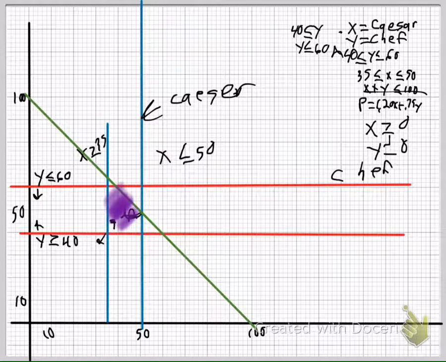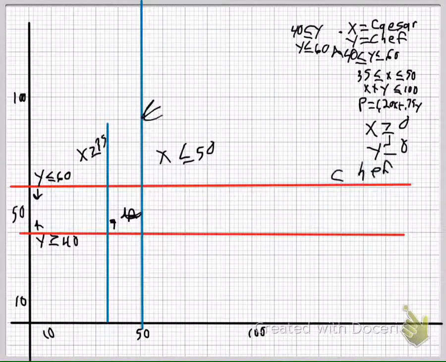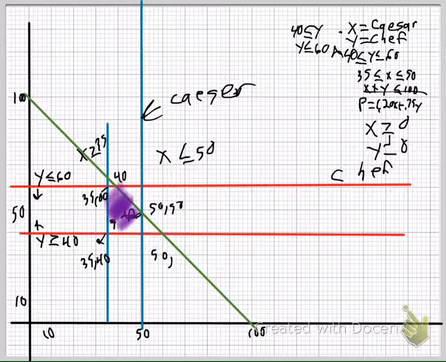I have 5 vertices here. So I'm going to label those: 35, 40, 35, 60. This right here is 40, 60.